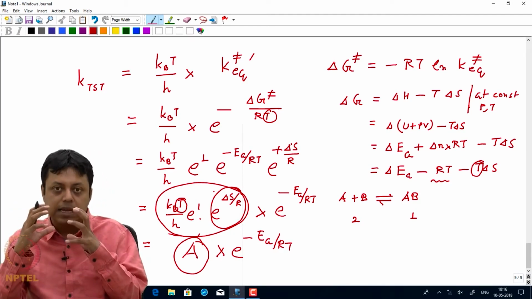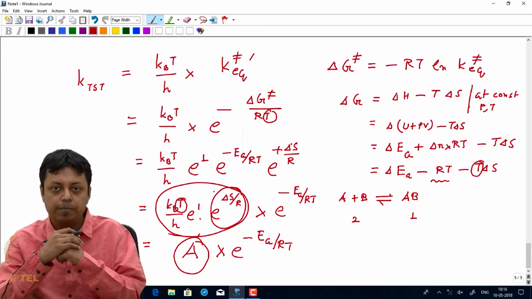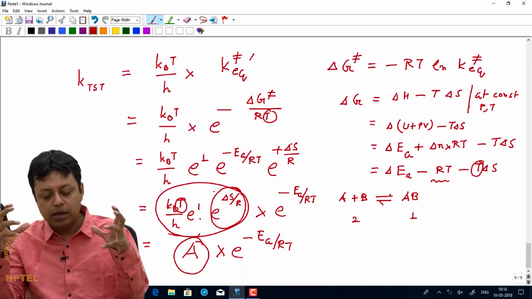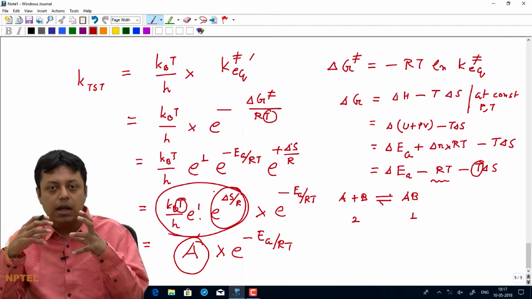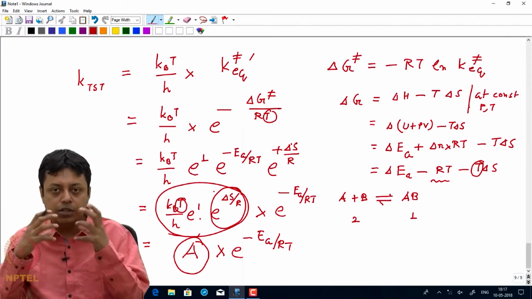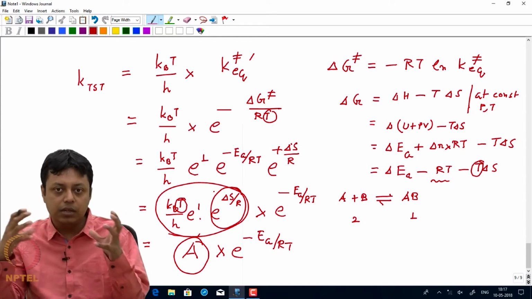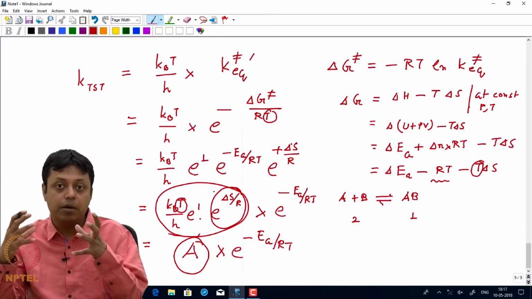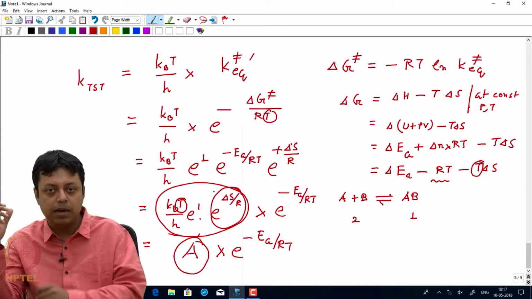That actually makes sense, because when you make a derivation from the collision theory, the A is related to the number of collisions, because if you remember this collision cross section pi b max squared times the relative velocity, these two things give you basically the number of collisions, and then there is an energy factor which is e to the power minus some energy by RT.